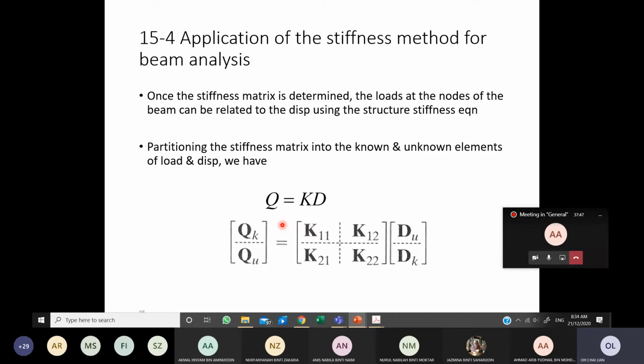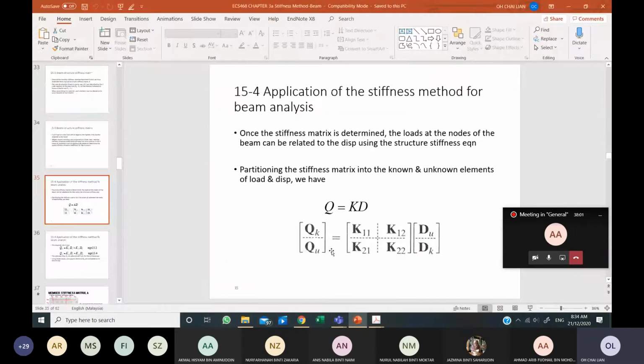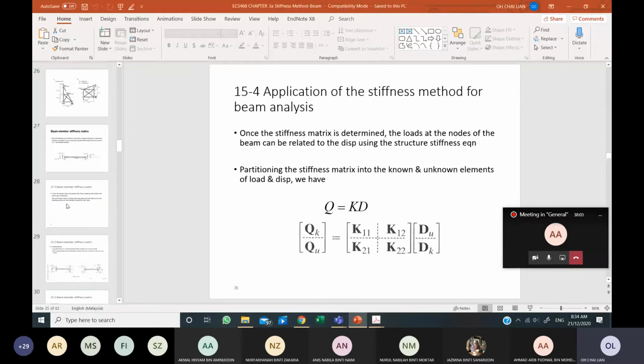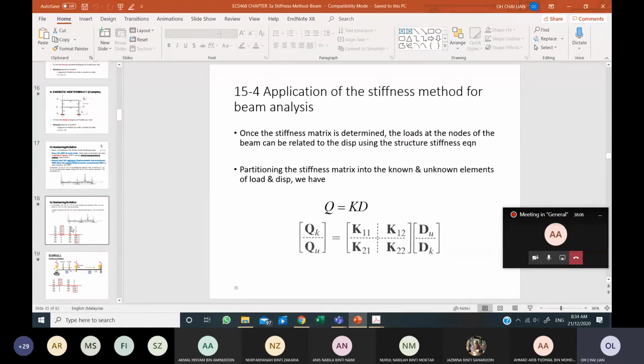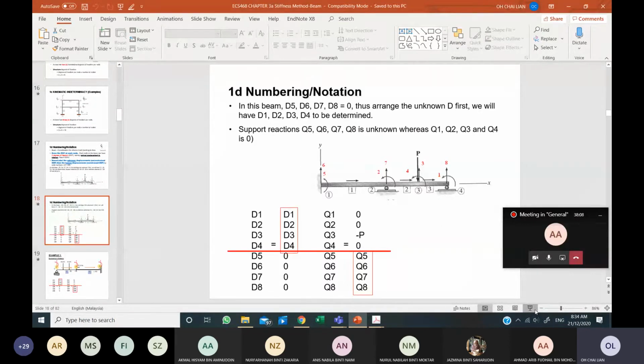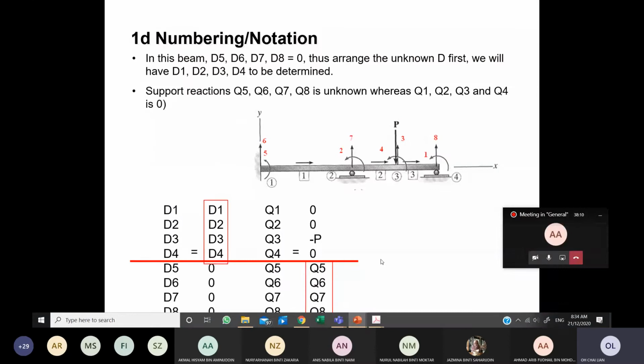You can actually put a partition in a very big matrix. Where to put a partition? As we have shown earlier, I wish to go back to this a bit. If you still remember, we have already learned partition earlier.